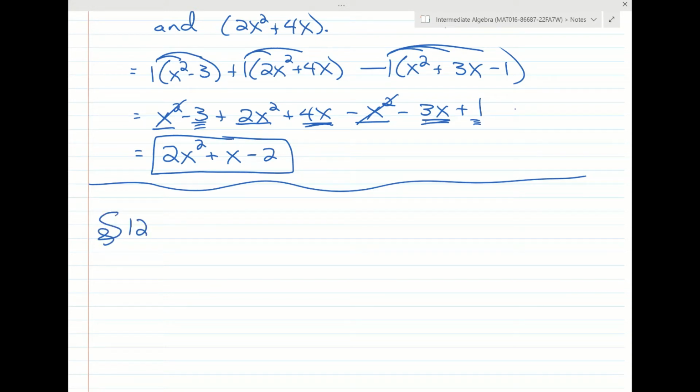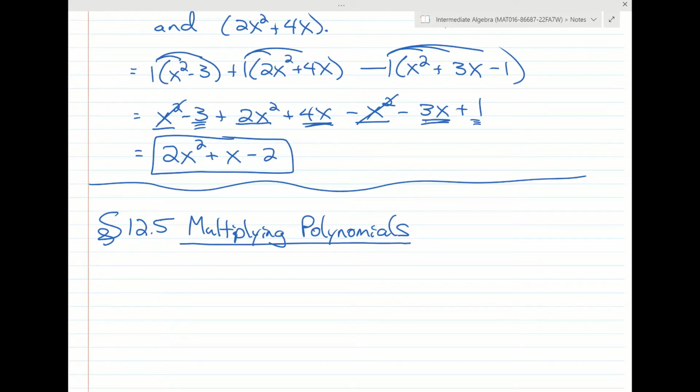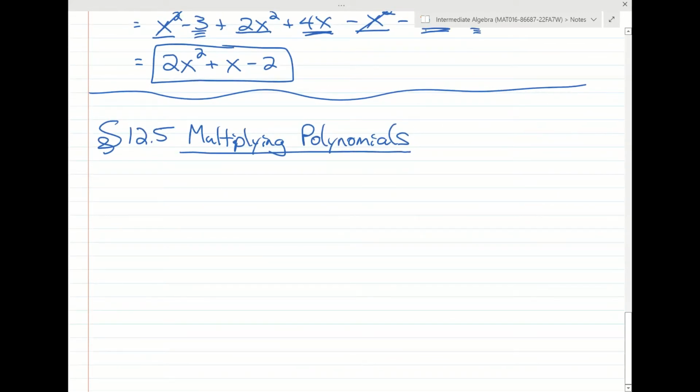Section 12.5, we're going to be talking about multiplying polynomials. So just general directions before we get started.